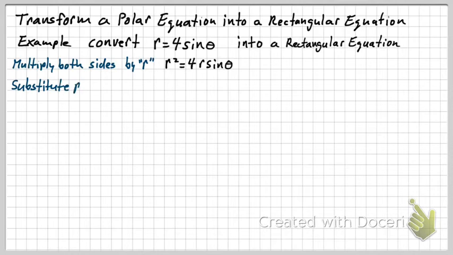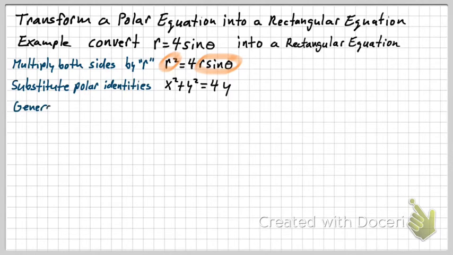I have a rectangular coordinate identity for r squared, and I also have a rectangular coordinate identity for r sine theta. That's y. Now I've converted my equation from r's and thetas into x's and y's.